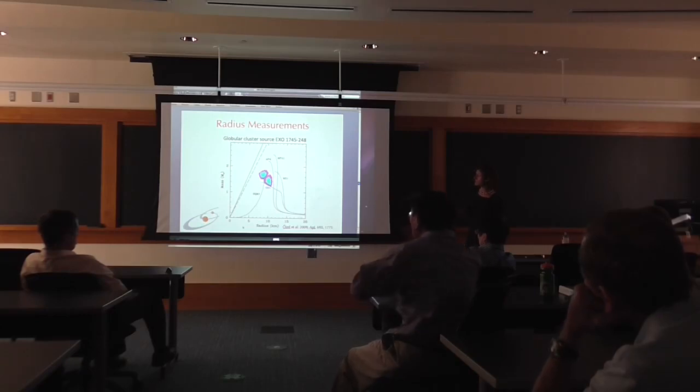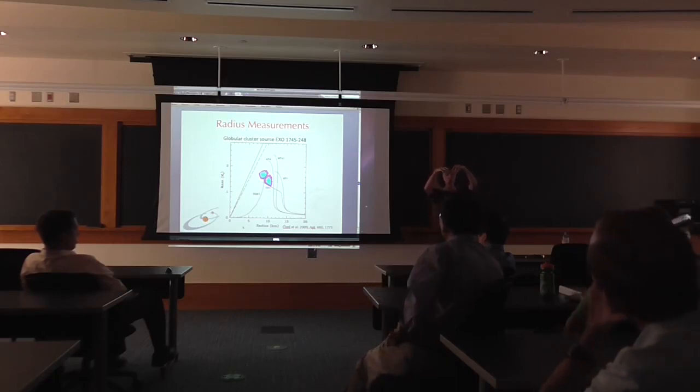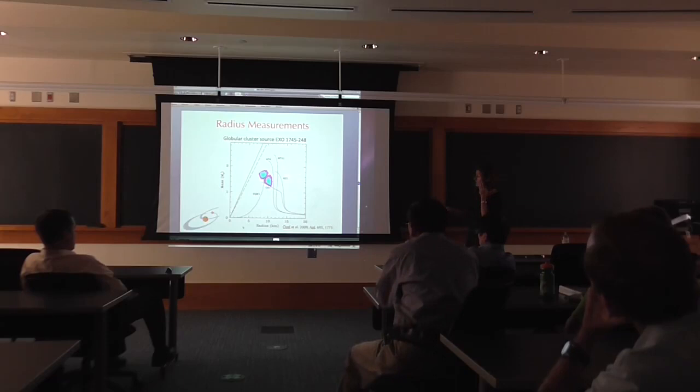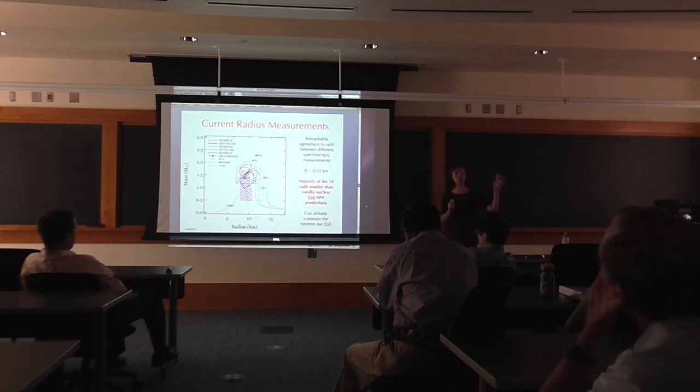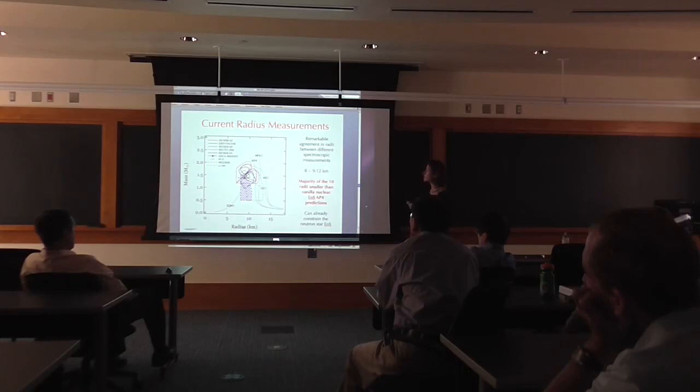The probability distribution is double peaked, so two most likely islands form the 68%, and the purple is the 95% confidence contour. We have 5 of these in total, in addition to the 5 from quiescent globular, quiescent low mass X-ray binaries. So here is the compilation from a recent review I wrote for reports on progress in physics.